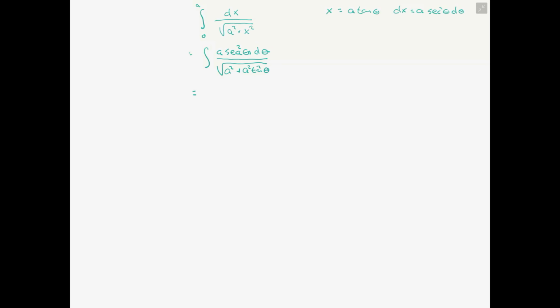And the a cancels out. We've got secant squared theta d theta over, and this is secant squared theta under the square root, so that's secant theta. And that leaves us with an integral of secant theta d theta.